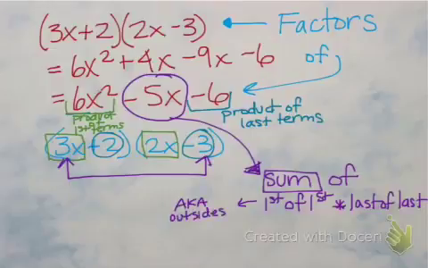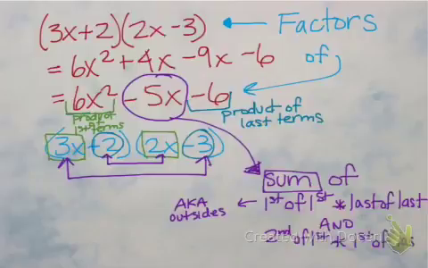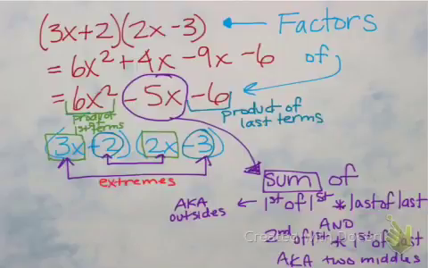We can also call it the outsides. And the sum of the second of the first and the first of the last, also known as the two middles or the insides. The two outside parts are called extremes, and the two middle parts are called means.